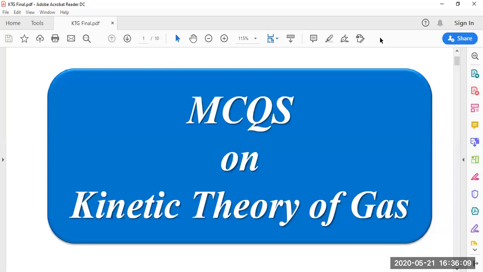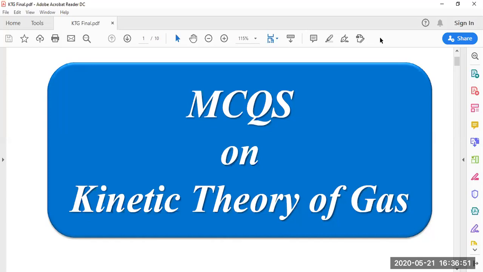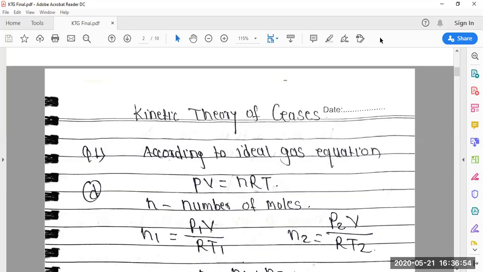The intermolecular force between these tiny particles is very small, and these tiny particles are always in random motion, and due to this random motion there is a collision between gas molecules with each other as well as walls of the container, so it creates some pressure, and depending upon this pressure there are some multiple choice questions on this theory of gas, and this is known as kinetic theory of gas. So we'll see some MCQs on this topic.